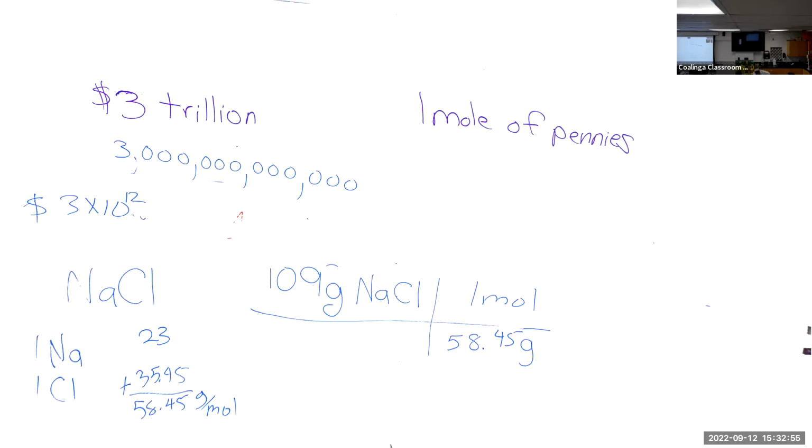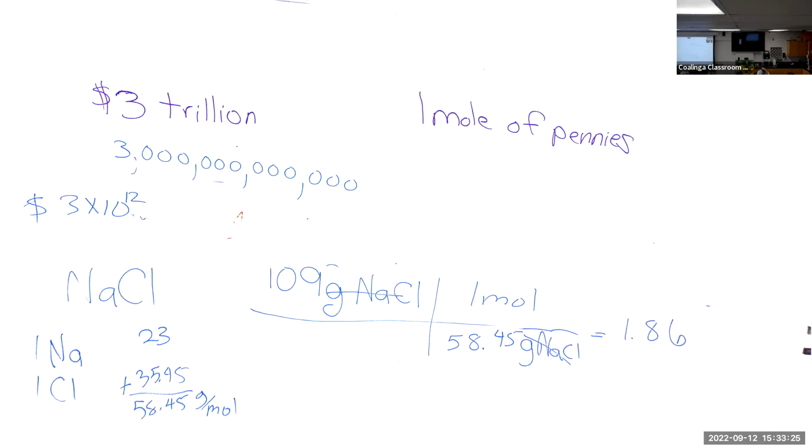So the grams of sodium chloride are going to cancel out. So somebody do the heavy lifting for me. 1.86. Okay. And then is that the right number of sig figs?